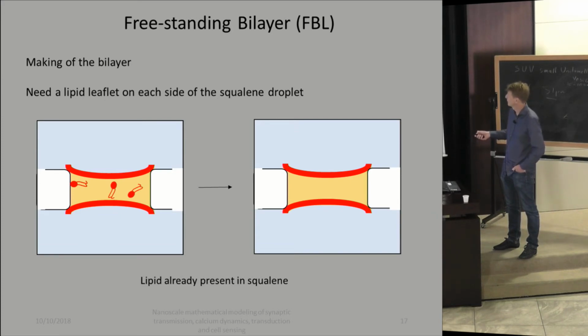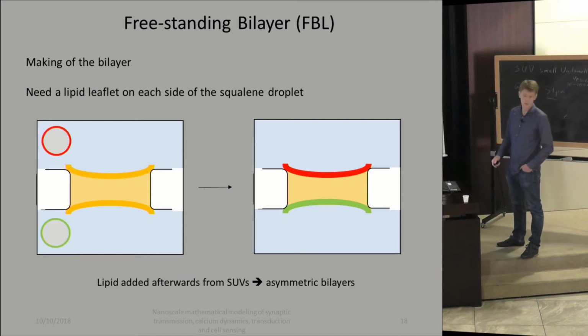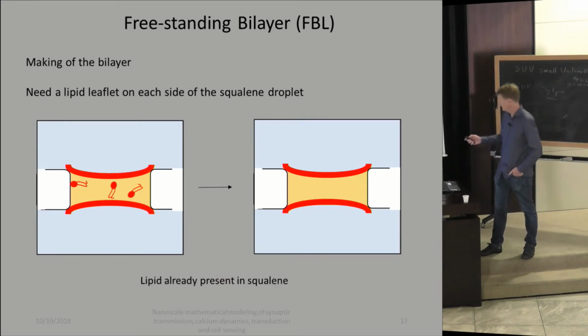Then you'll have a monolayer here, and when the squalene is absorbed, you will have no more squalene and just a bilayer. This is fine, but you cannot make an asymmetric bilayer here, because the lipid is coming from the same oil on both sides.